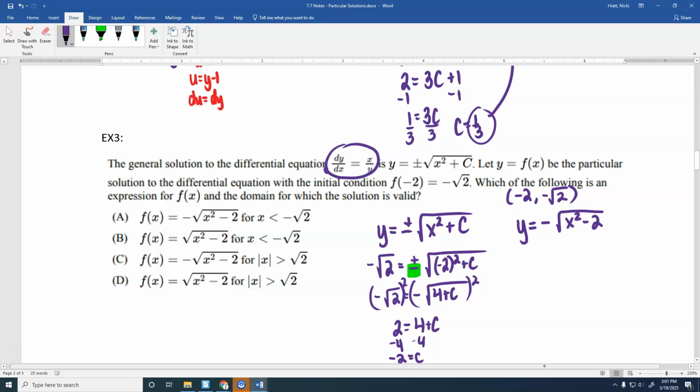So this just narrows this down to a couple, right? There's 2 answer choices with that equation.